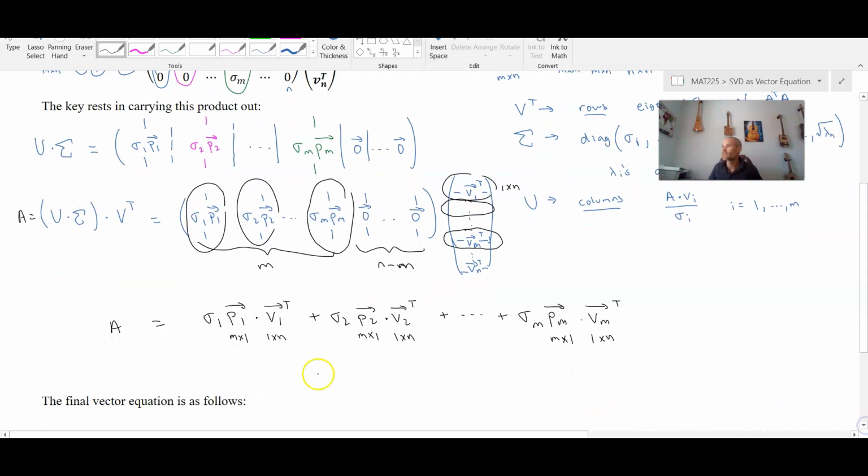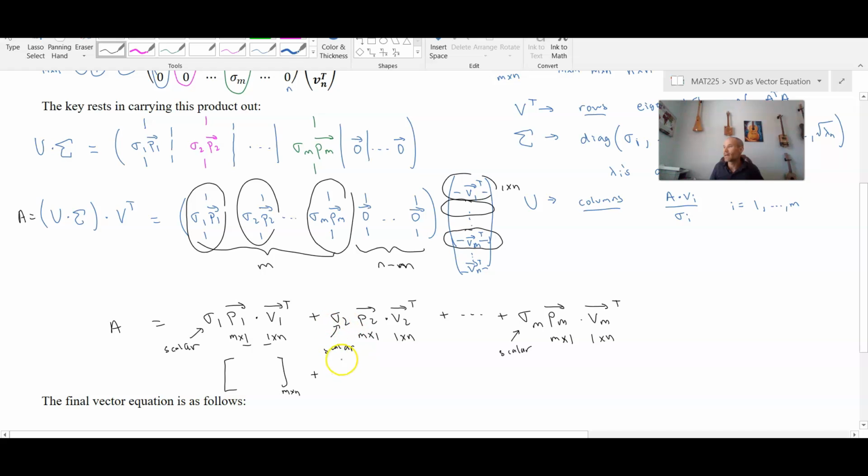So all of these individual terms, this is a scalar, these are scalars for all of these guys. These are individual scalars. And when I combine these terms, this product right here is an m by 1 times a 1 by n. So this individual term will yield an m by n matrix.